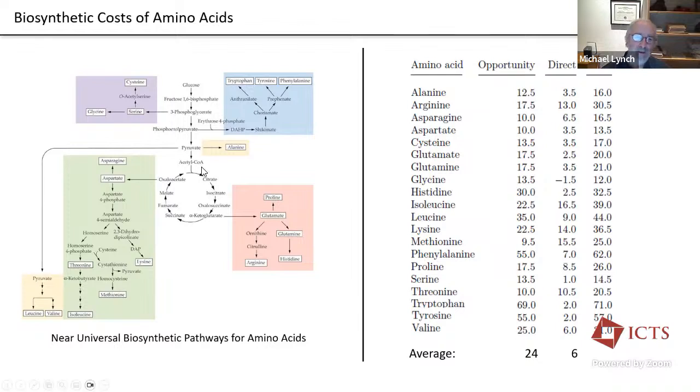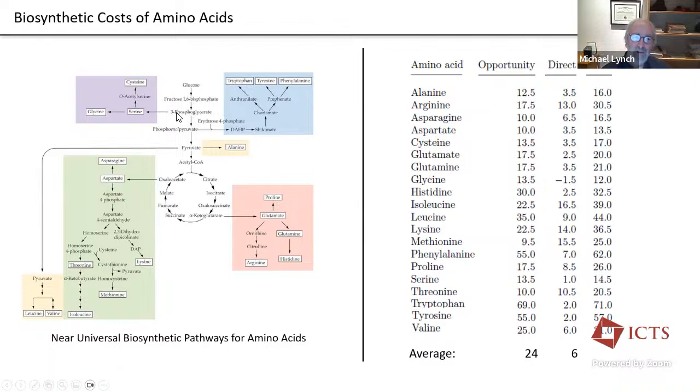Maybe I can do it with this diagram here. So we start with glucose. That's worth, if you were to do nothing with glucose but squeeze every last drop out of it just to make ATP, to extract energy, you would get about 32 ATPs in most things, I think. But suppose you're starting with glucose and you want to make serine.